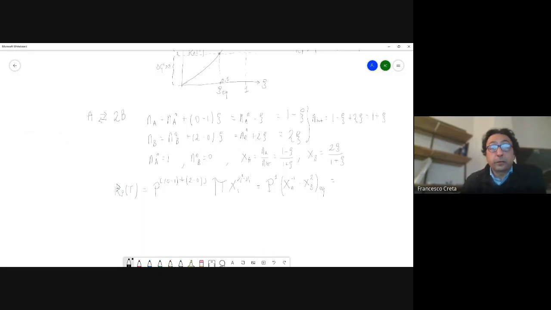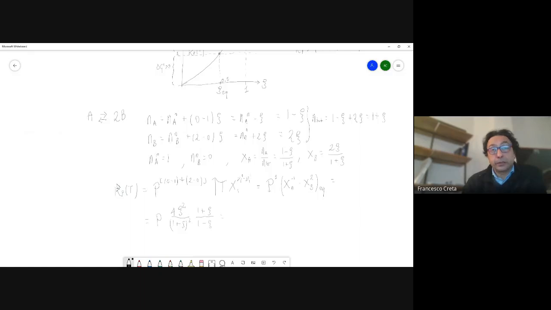We can go forward here and say that if you substitute this as a function of the progress variable, xb squared is 4 psi squared over 1 plus psi squared, and xa to the minus 1 will be 1 plus psi over 1 minus psi.